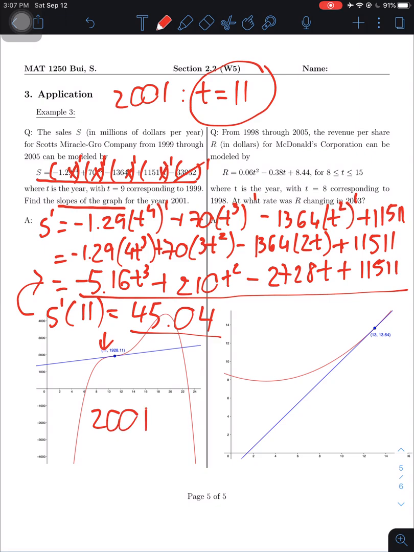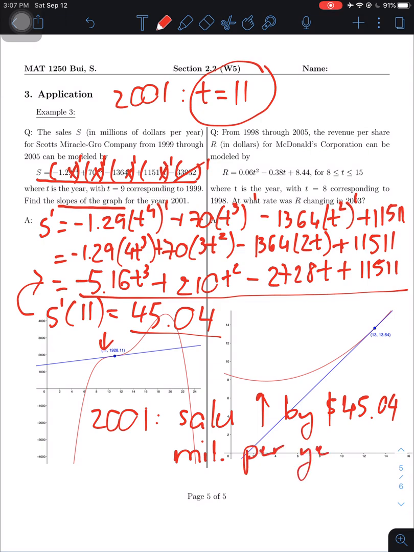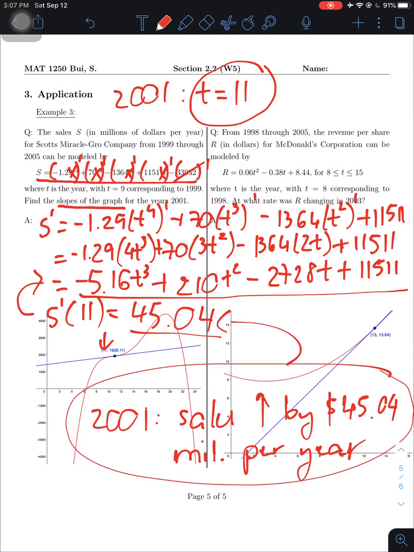So at the end of the year 2001, again, the sales of the company that we're talking about was increasing by $45.04 million, million in shortcut, per year. Okay, so this is the meaning of this number in here.